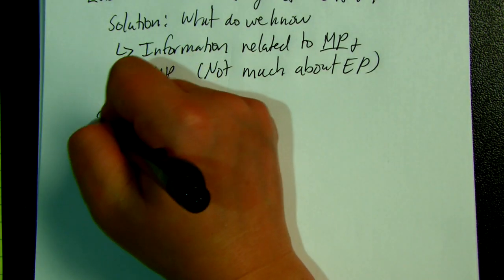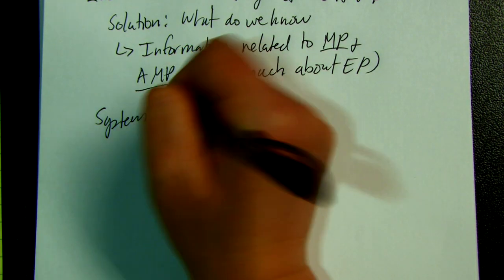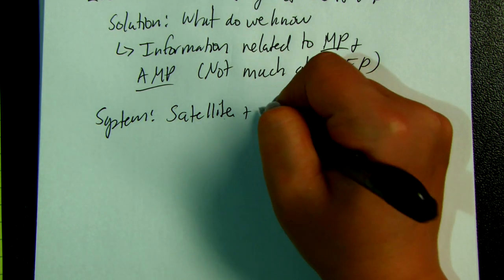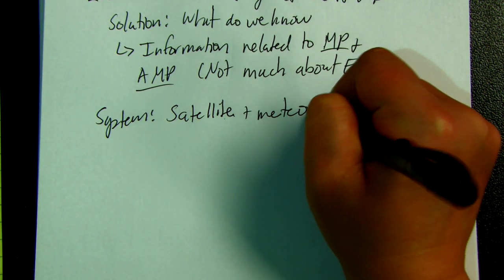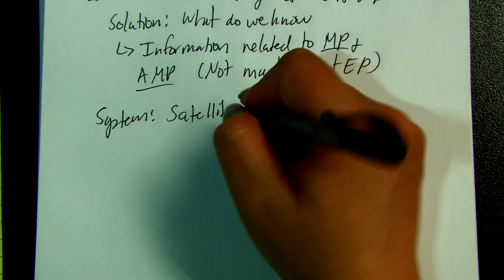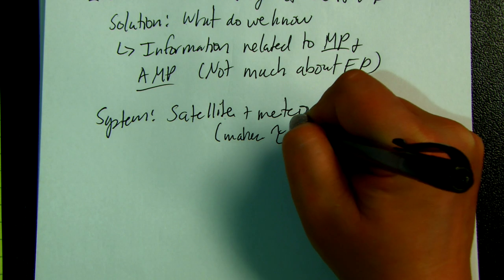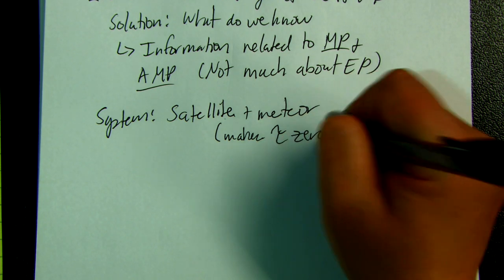All right, so our system, let's choose the satellite plus the meteor. That will make the torque 0.